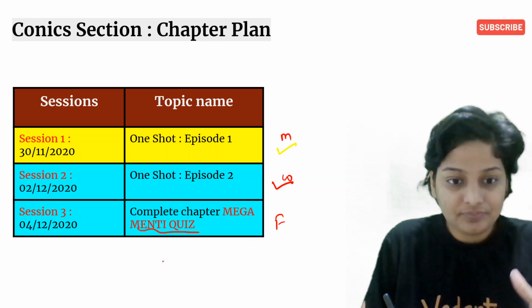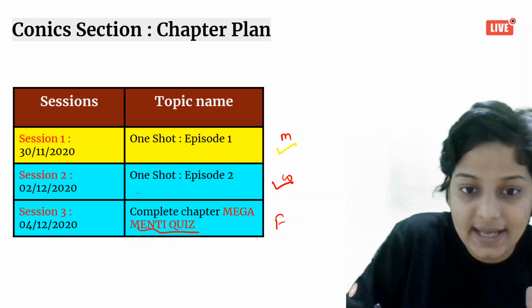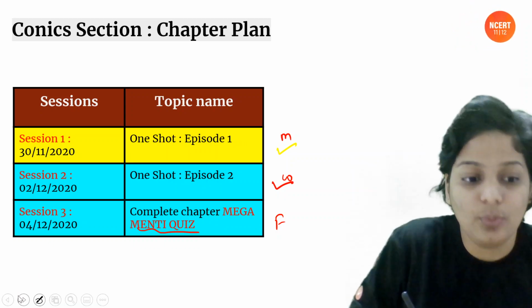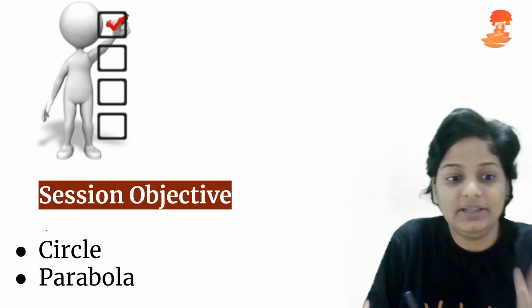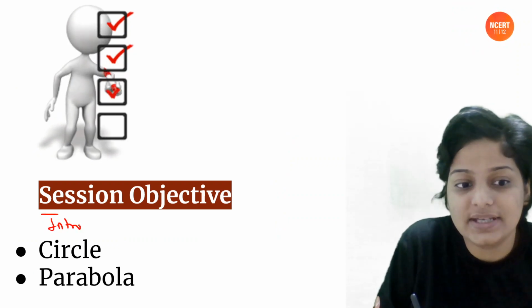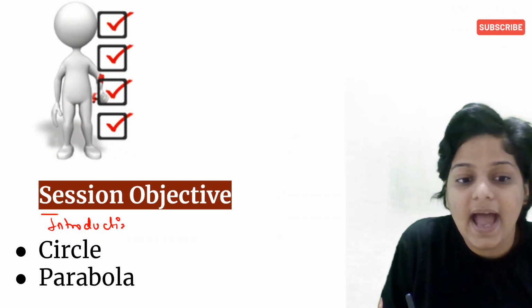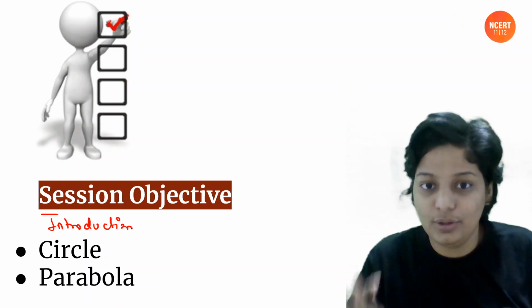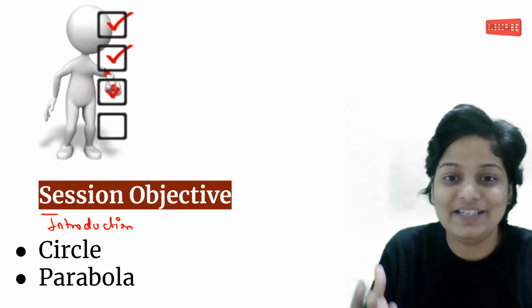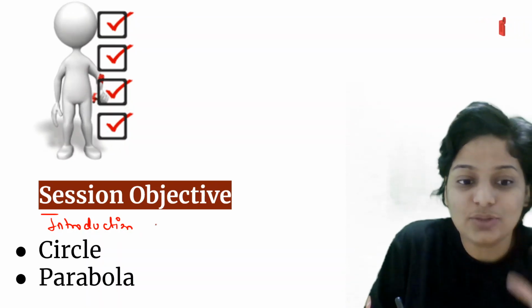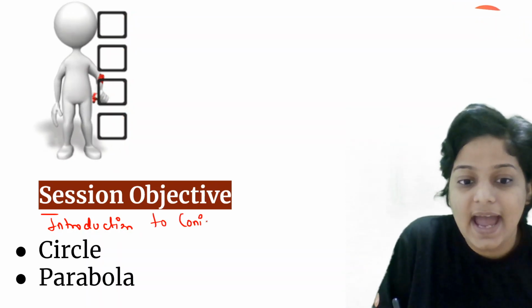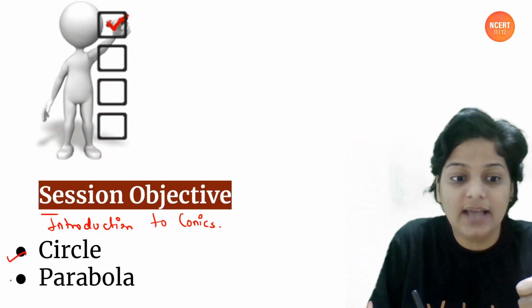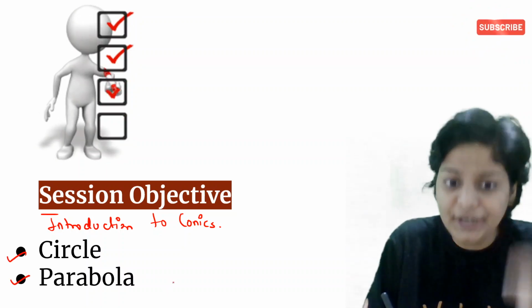In today's class, basically in episode 1, we are going to tackle three things. The very first thing, of course, is the introduction to conics. I'm going to introduce conics to you in a very beautiful way through animations, images, and objects. Then we will start with circle and parabola in today's class.